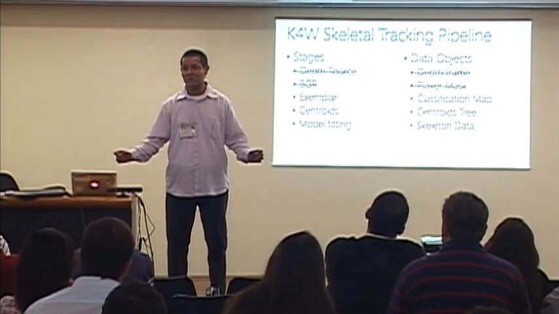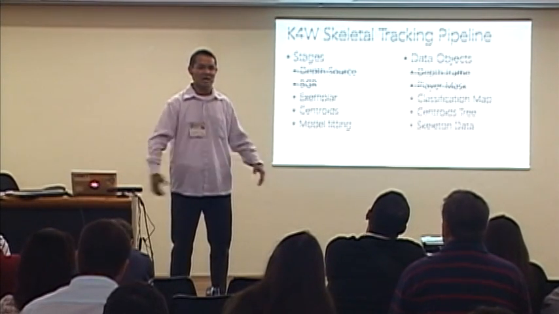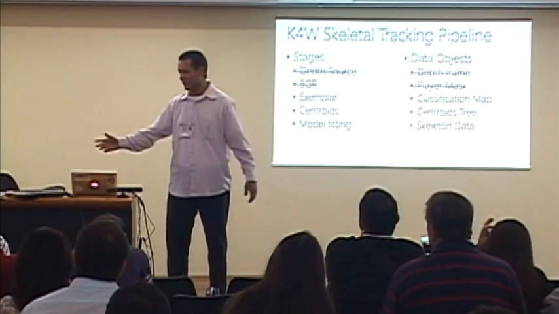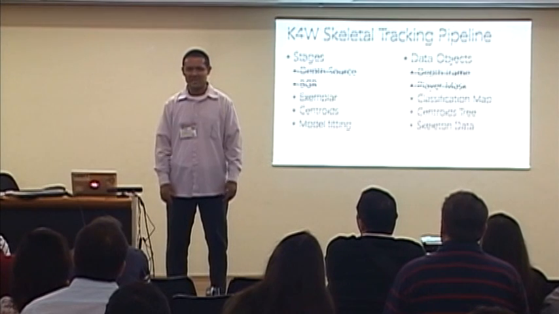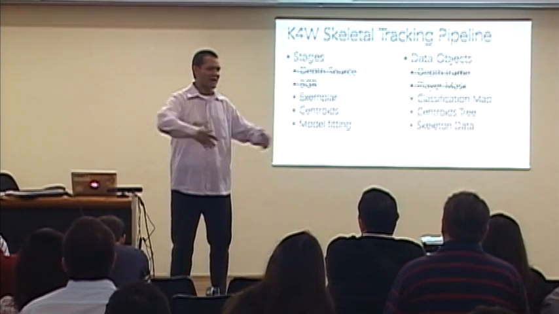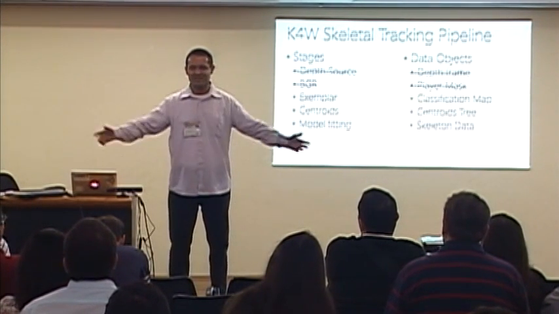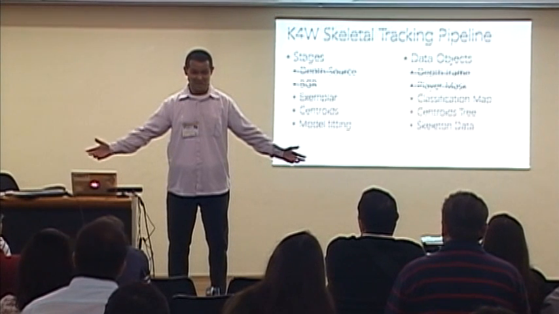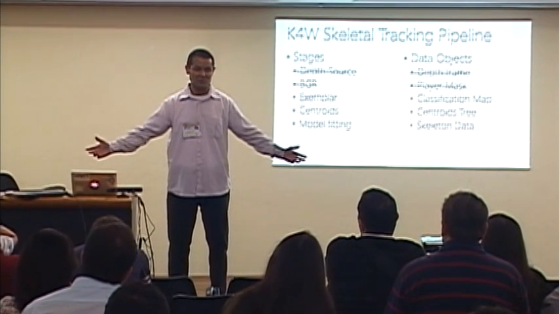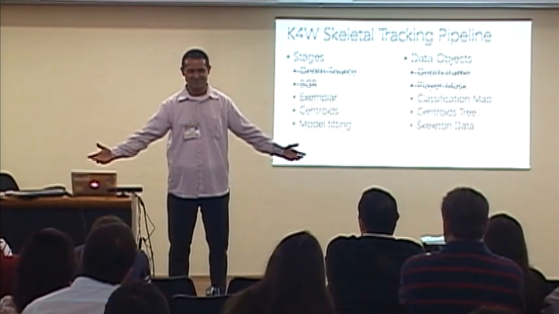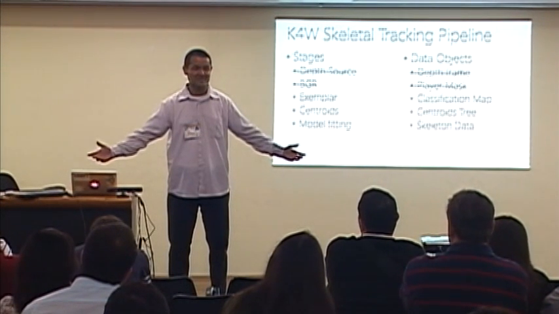In the academic world, you can come here and say, I tested my algorithm with 12 people, I captured 12 people, I have 100 frames, and I tested. Okay? How many people do you think we test these things with? Tens of thousands.